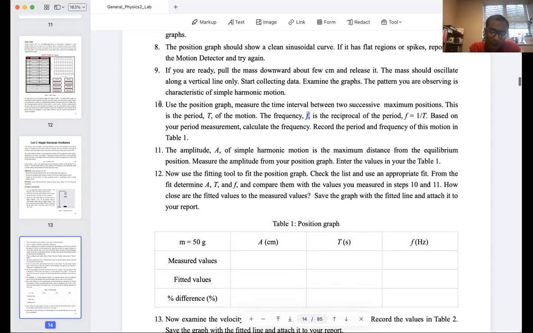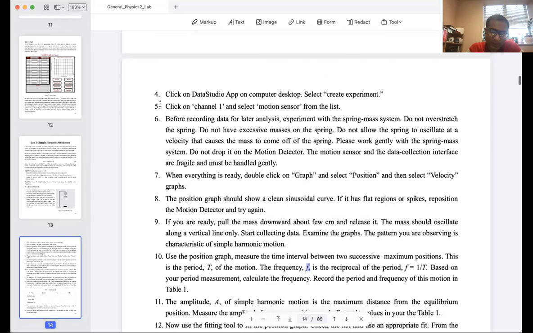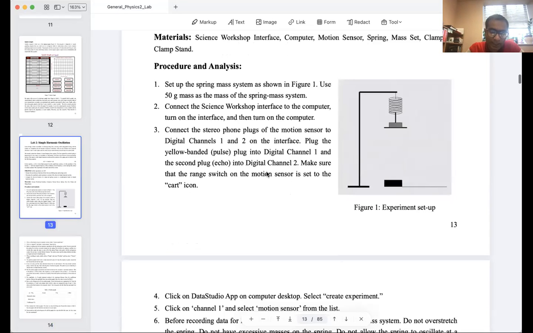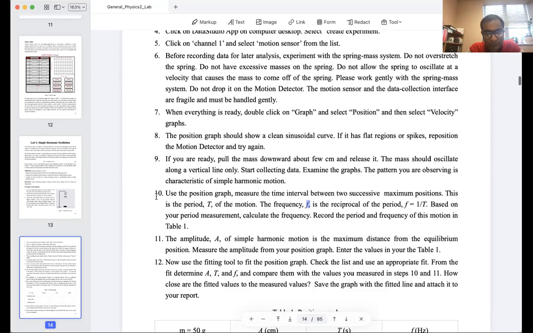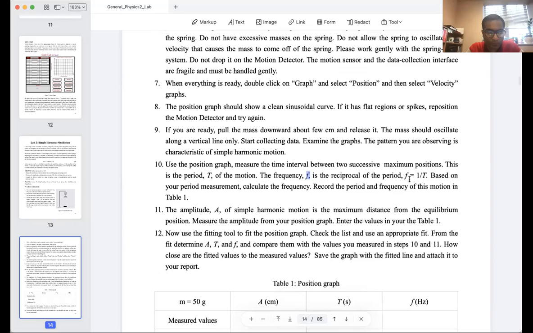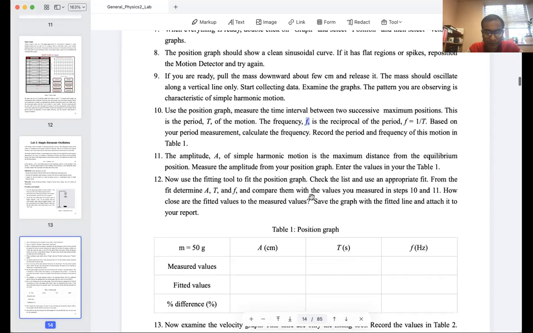So write a section named procedure and analysis and give it a number, 10, and then show how you calculate the frequency. This is a very simple calculation, but some of the calculations are not that simple. The idea is you have to put the calculation here, putting the number 10, so that I know that you followed the instruction and calculated the frequency. So show your frequency calculation here.